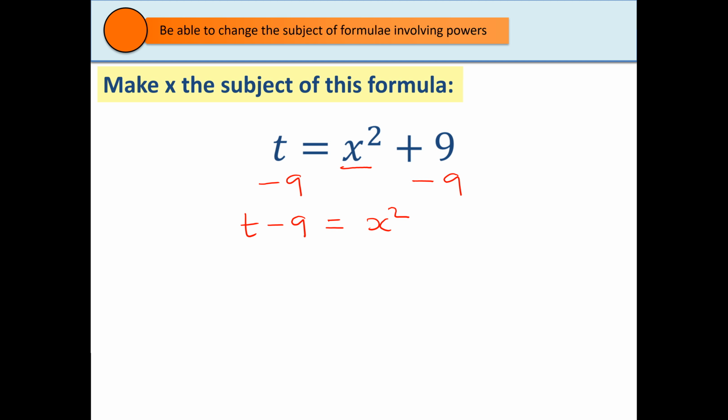The opposite of square root is squaring both sides, and the opposite of square is square rooting both sides. So let's square root this side and square root this side. That will give us the square root of t minus 9, and the square and the root cancel out, which leaves us with x.